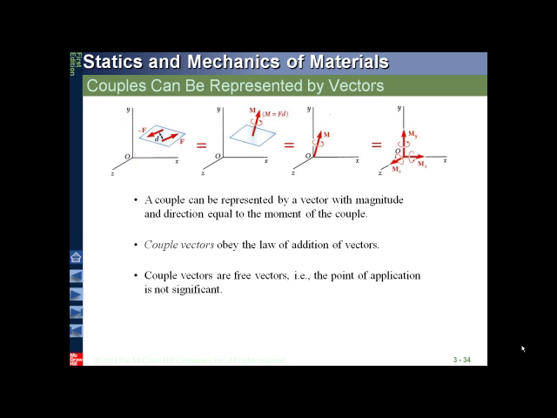What is important is the magnitude of the moment and the direction of the moment. That's what they're trying to get at as you go across the first, second, third, and fourth illustrations.